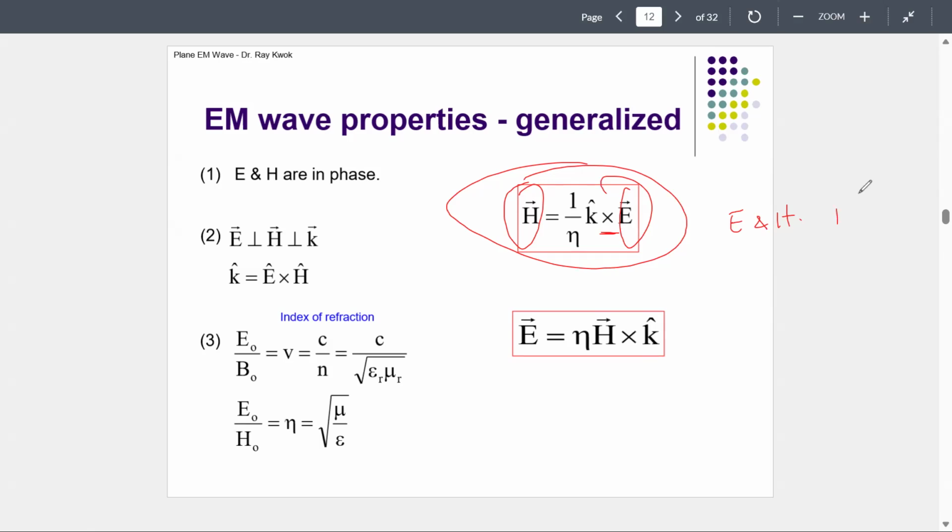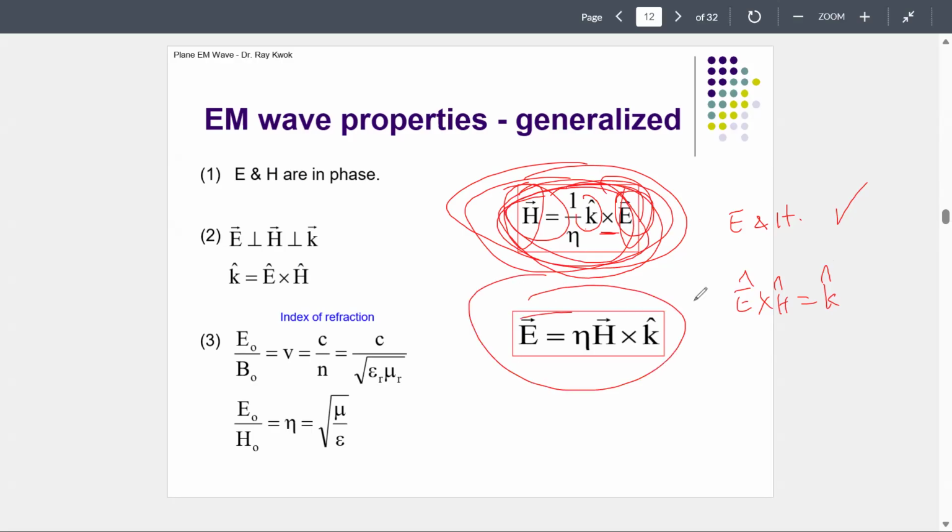So that's satisfied. And then the second rule is E hat cross H hat is k hat, just the direction. E cross H is k, right-hand rule. Looking at this, it's the same, right? E, H, k, they're all in cyclic permutation. So this satisfies the right-hand rule, and so does this one, E, H, k. So you can use this formula as well.